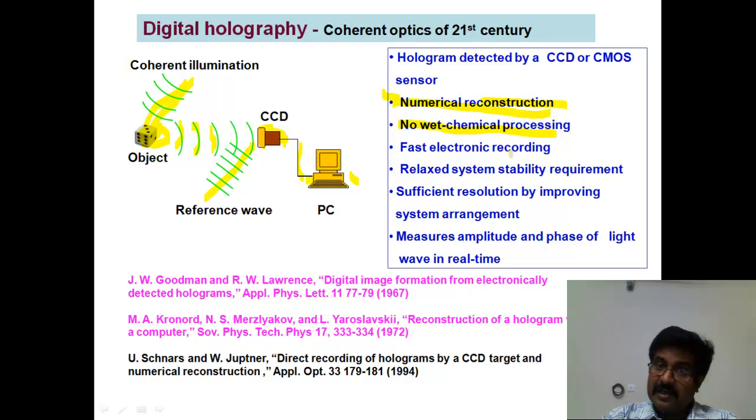It's a fast electronic recording, nearly real-time recording. Only a relaxed system stability requirement is needed, since vibration is less of a concern. By improving the recording geometry and arrangement, one can improve the resolution of the system.